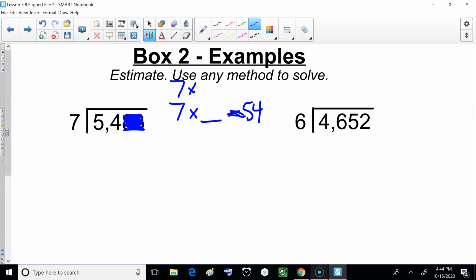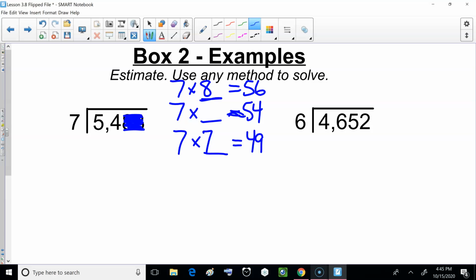And 7 times something's going to be bigger than 54, and 7 times something's going to be less than 54. So if I think about this, 7 times 5 is 35, 7 times 6 is 42, 7 times 7 is 49. That's pretty close. So 7 times 7 will give me 49. And that means I'm going to go with 8. 7 times 8 would give me 56.